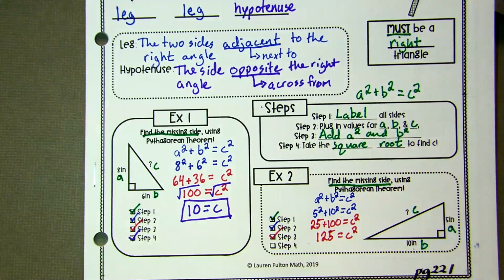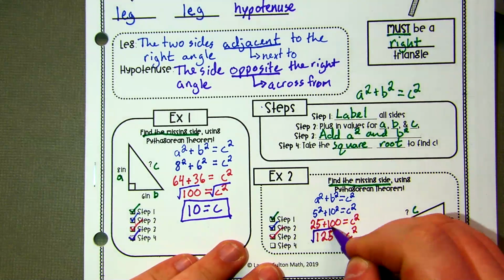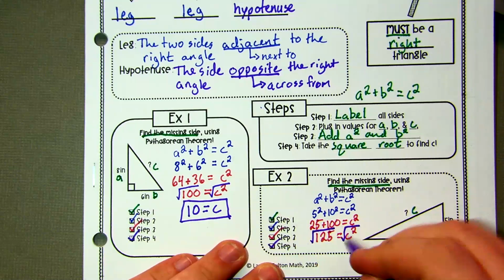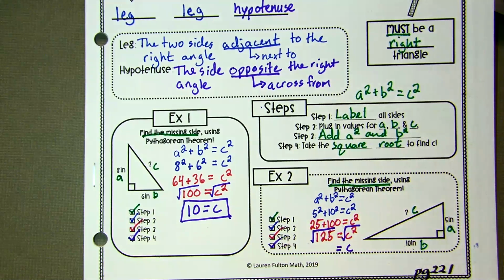Our last step is to take a square root. Can someone tell me what the square root of 125 is?